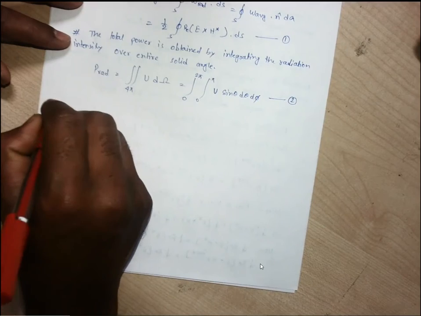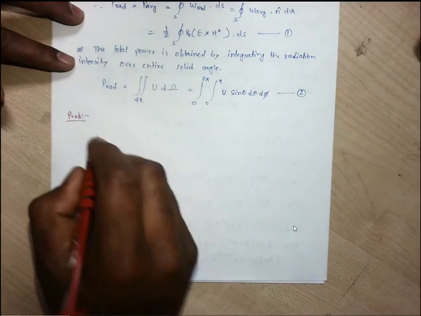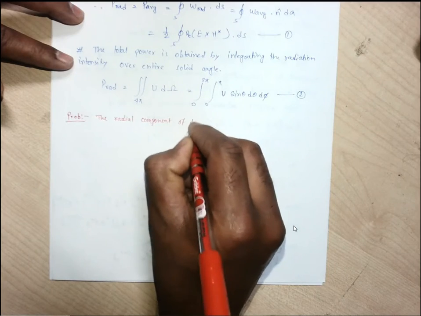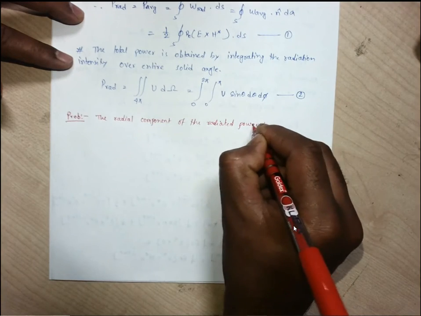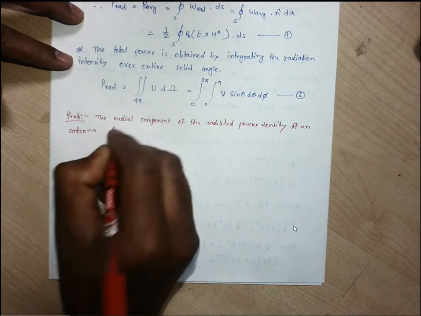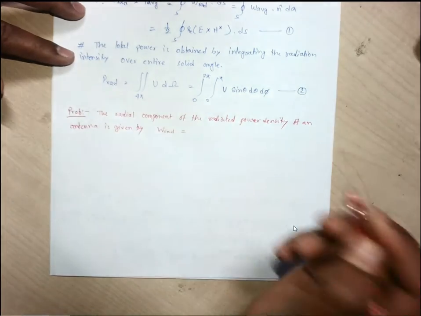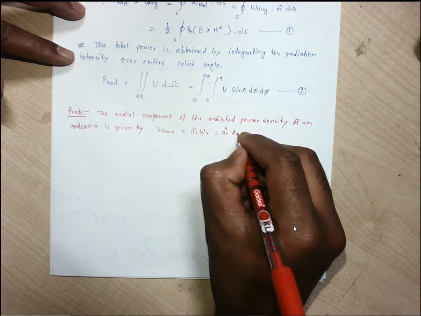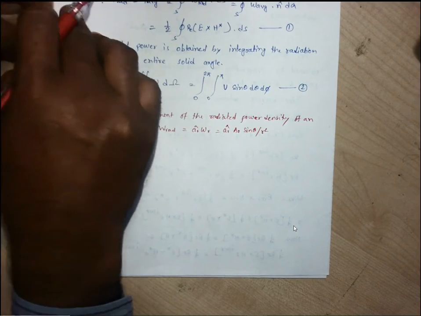So a simple problem. A radial component of the radiated power density of an antenna is given by W rad equals a_r A naught sin theta by R square.